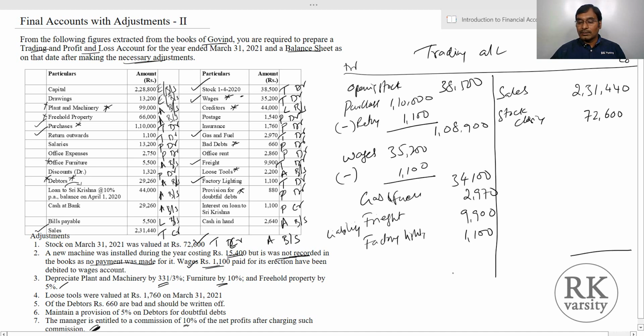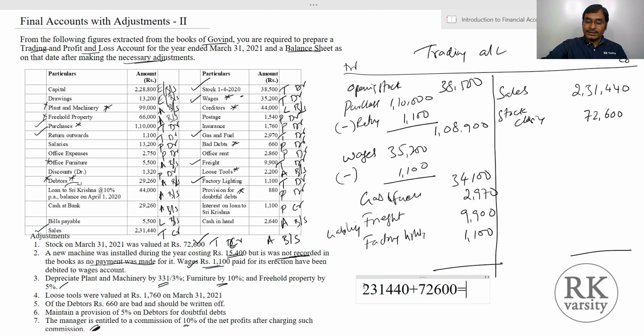So we'll balance and try to calculate the gross profit. So this is 2,31,440 plus 72,600. This gives you 3,04,040.